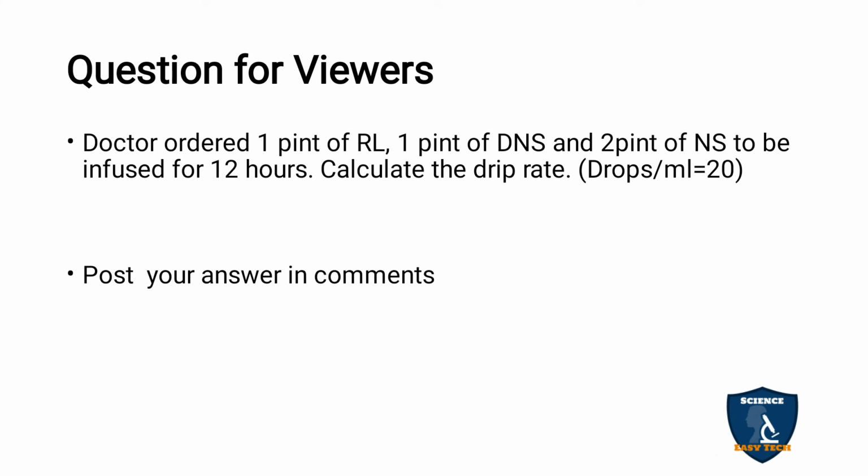You have to convert the pints into ml and add them to get the volume. The time should be converted into minutes, and the drop factor is already given, it is 20. Based on that, calculate the drip rate and post your answers in the comment section.